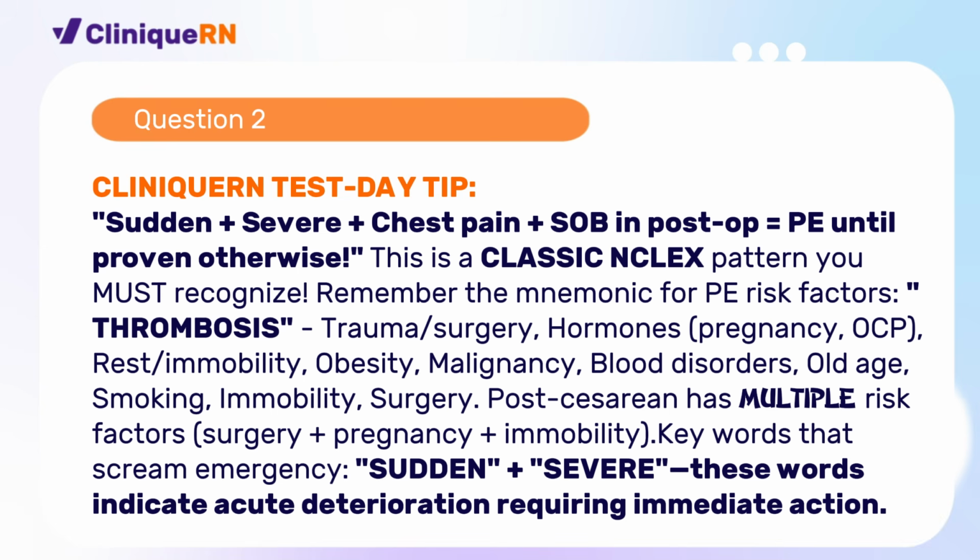Clinique RN test day tip. Sudden plus severe plus chest pain plus SOB in post-op equals PE until proven otherwise. This is a classic NCLEX pattern you must recognize. Remember the mnemonic for PE risk factors: thrombosis, trauma, surgery, hormones, pregnancy, OCP, rest/immobility, obesity, malignancy, blood disorders, old age, smoking, immobility, surgery.